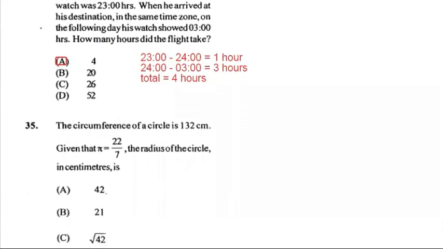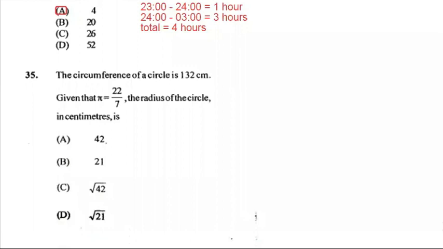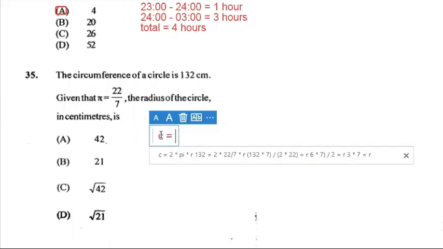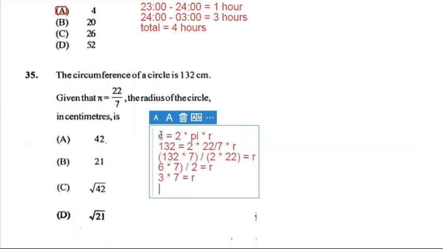35. The circumference of a circle is 132 centimeters. Given that pi is equal to 22/7, the radius of the circle in centimeters is. So remember, the circumference of a circle is equal to 2 pi r. And we are now filling in the numbers.